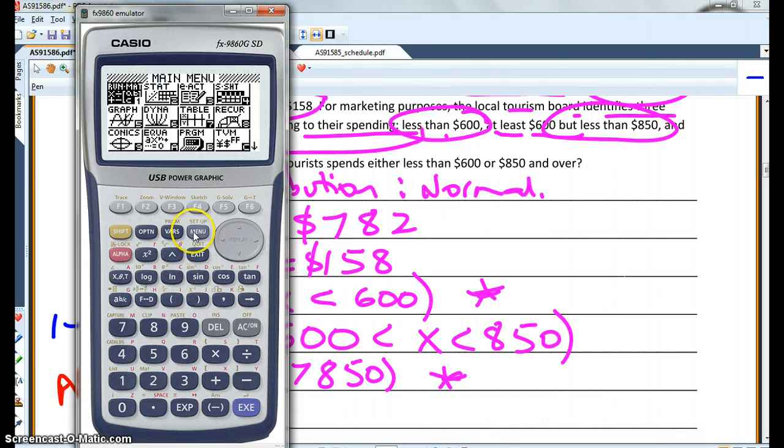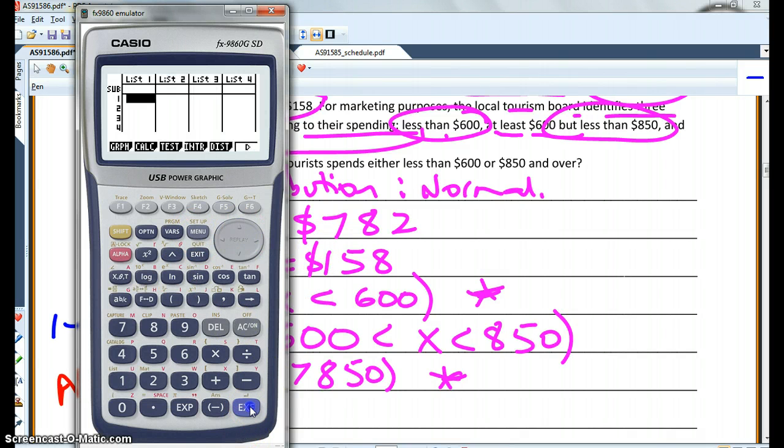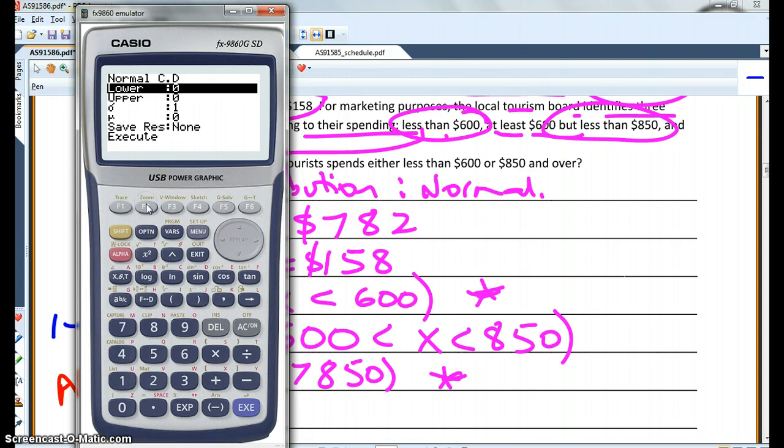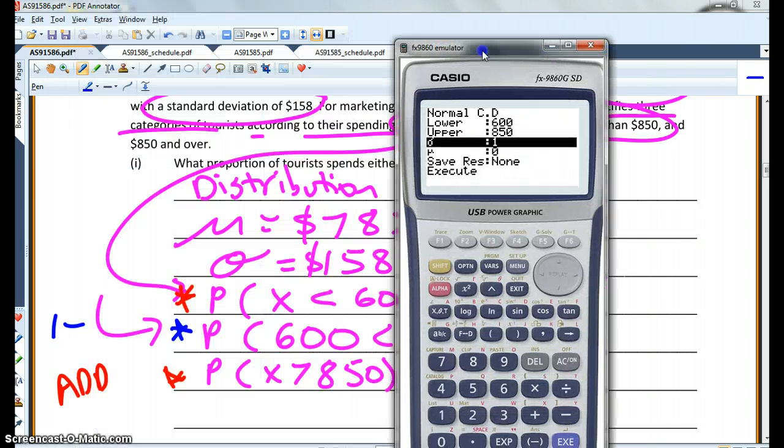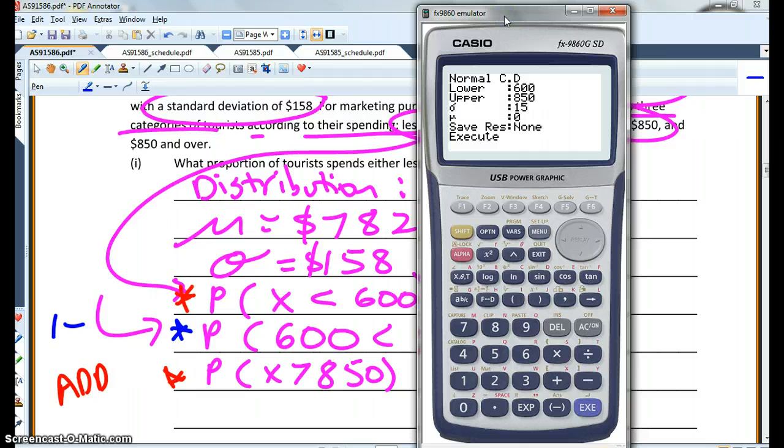Okay, so we go menu and stats, and we go distribution, we go normal distribution, NCD. We have a lower of 600, an upper of 850. We have a standard deviation of 158 and a mean of 782. And so we have 0.5419.